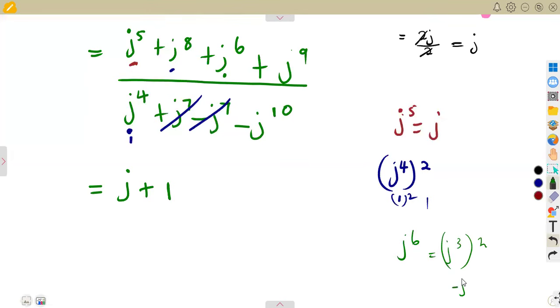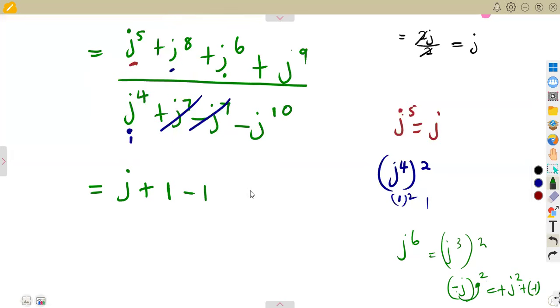So it's minus j, squared. That means minus squared, that's a positive j squared. But j squared is minus 1, so it's a positive times minus 1, which you end up with a minus 1 at the end. So this is a minus 1.